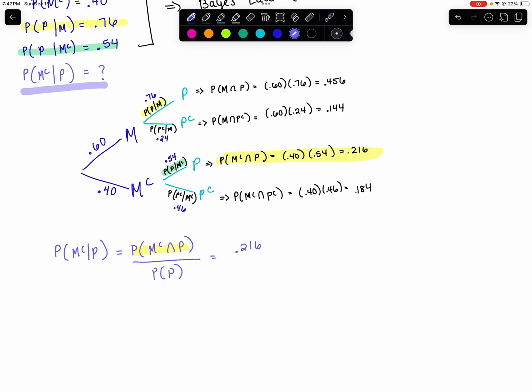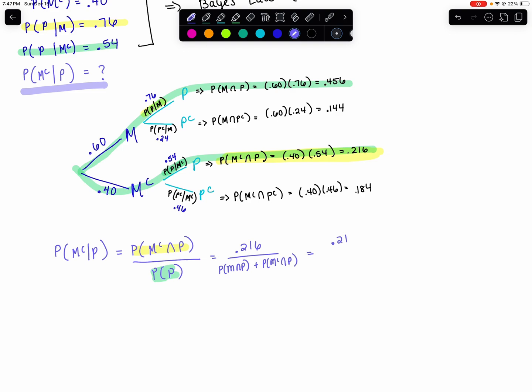That's 0.216. But the denominator is a little bit trickier than what you may think, because they're talking about what's the probability that he gets the point. Well, he could have gotten the point either making the first serve or missing the first serve. There's two avenues to get the point here. So this part over here is really saying that you want to do the probability that he makes the first serve and gets the point, or misses the first serve and gets the point.